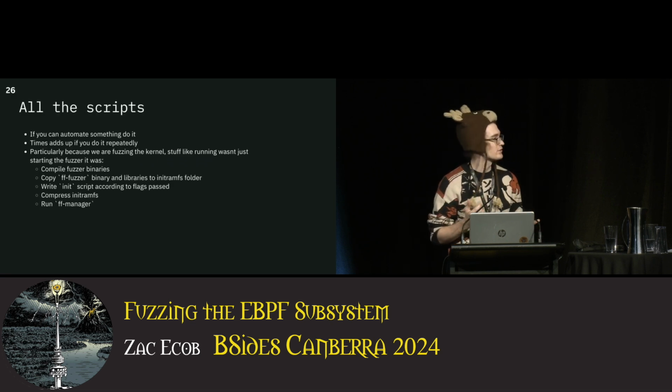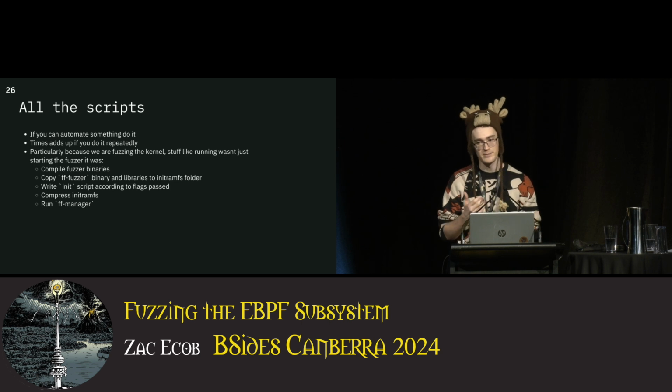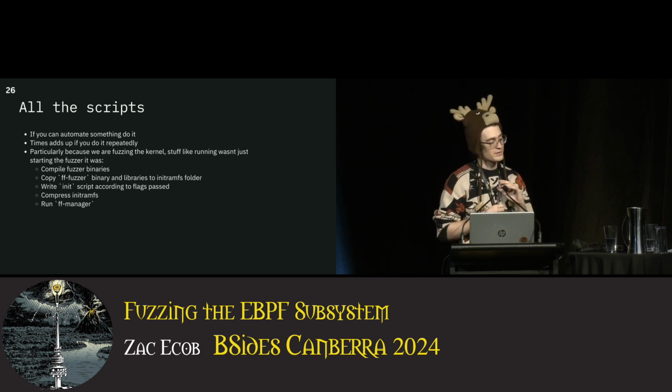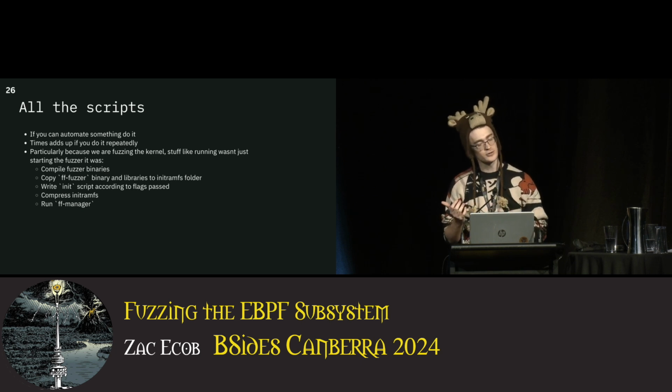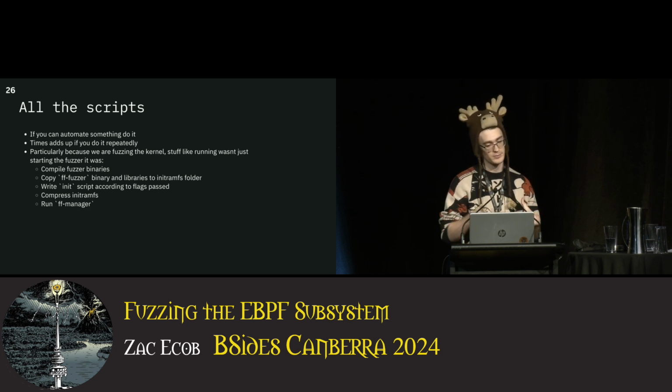First off, if you can automate stuff in the development process, I beg of you to do it. I always have this issue where it's like, oh, it's just three commands, I'll just run it now, and then I have to run it every single time. Say I'm fuzzing the kernel. With userland, to run the program, you just start the fuzzer, which spawns the process.